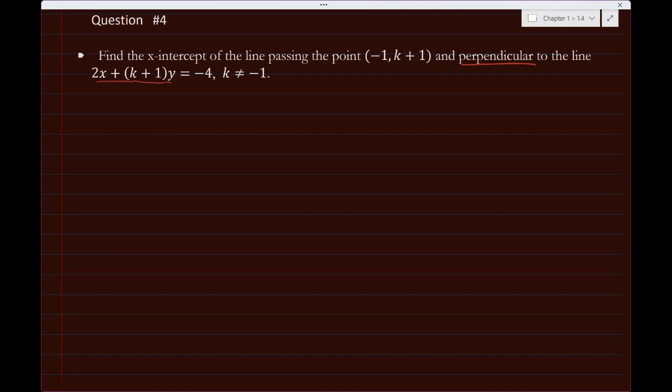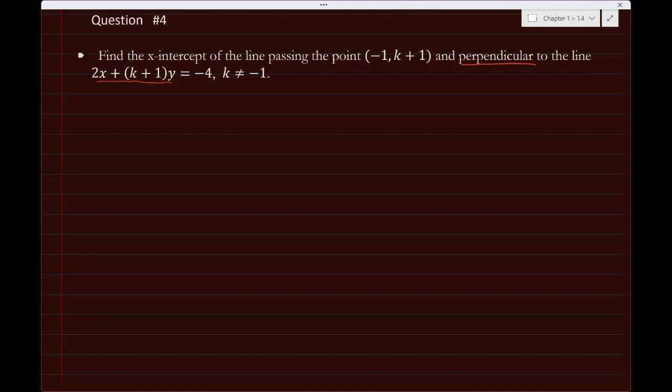And here we are told that k is not -1. Yes, because if k is -1, what will happen? This term will be 0, right? So you're going to have 2x equals -4, which will give us a vertical line, right? Okay, now let's see what to do here.